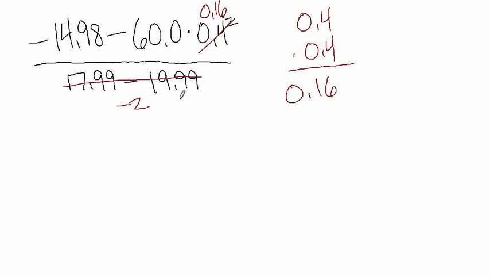All right, and we have a negative denominator, and then in the numerator we have a negative number minus what will be a positive product. Okay, so we can immediately replace all the negatives and minus signs with pluses or positive signs.